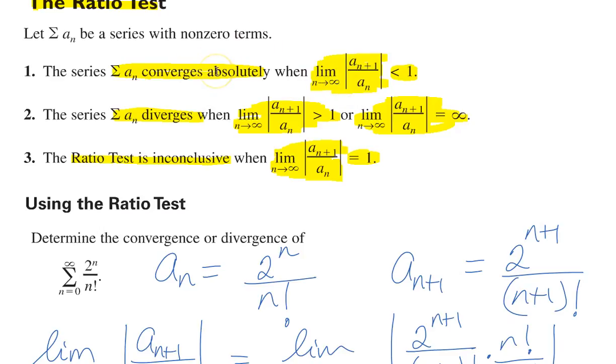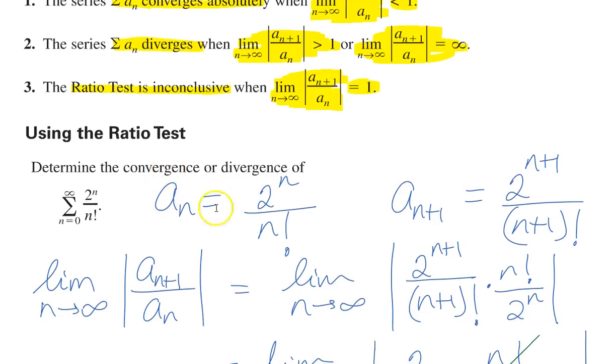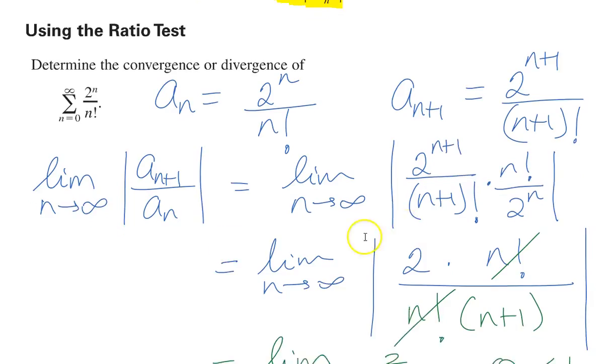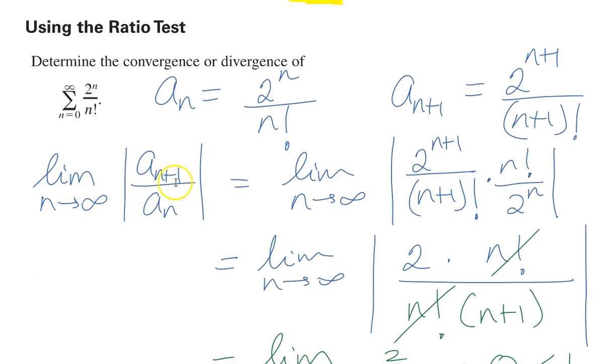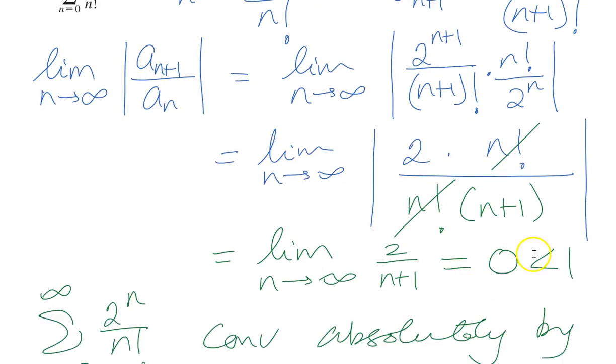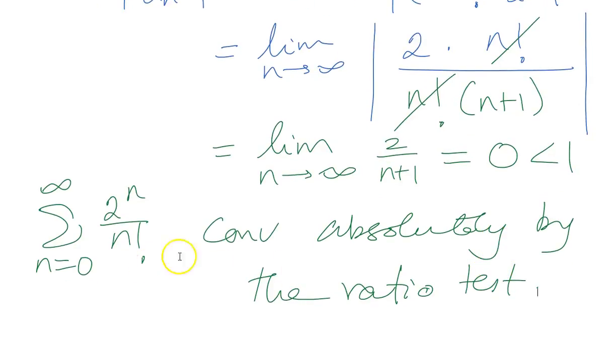And that's why we are able to say absolute convergence, because we are taking the limit of absolute values. Okay, guys, so identify your a_n, figure out your a_(n+1) by increasing n by 1. Everywhere you see an n, increase it by 1. Find the limit as n goes to infinity of the absolute value of a_(n+1) over a_n, and if that limit is less than 1, then the series converges absolutely by the ratio test.